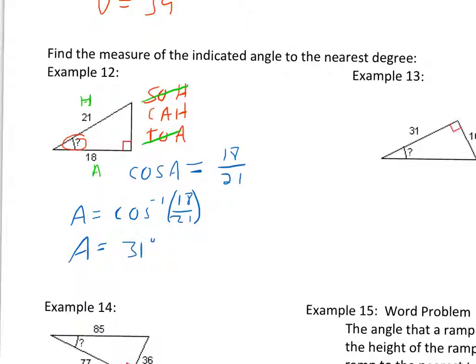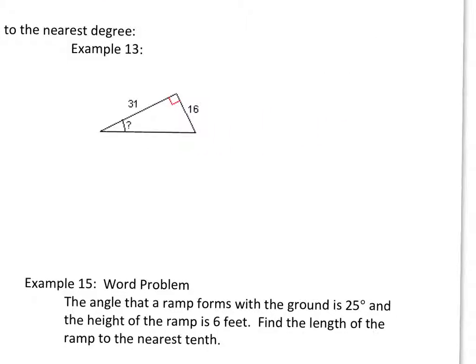You're going to work on your calculators here to make sure you can get the proper answer, because we don't want to do it incorrectly. Our calculators are good tools, but we have to know how to use them. So here's an angle we're looking for. This is the hypotenuse, which we don't have. This would be considered the opposite, and this would be considered the adjacent. So sine is opposite over hypotenuse, cosine is adjacent over hypotenuse, and tangent is opposite over adjacent, SOHCAHTOA.